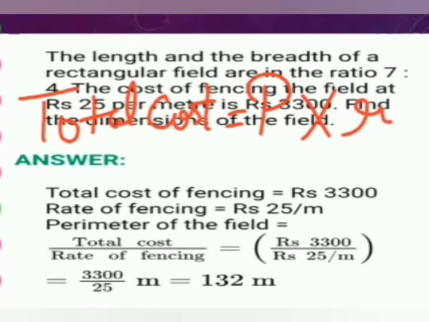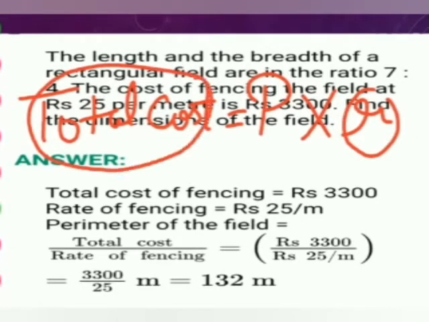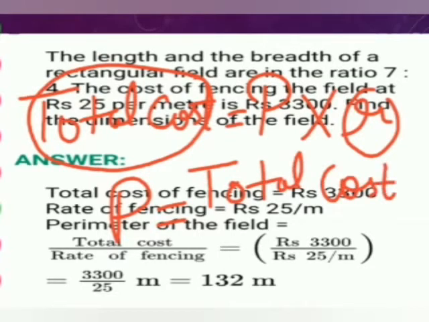So if you know the rate and the total cost, very easily you can calculate the perimeter. So only this formula we can use here. Perimeter will be equal to total cost upon rate. So using this formula, we'll calculate the perimeter here.